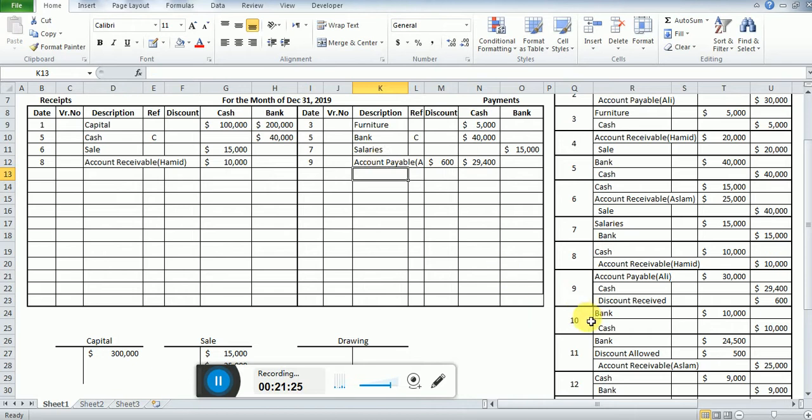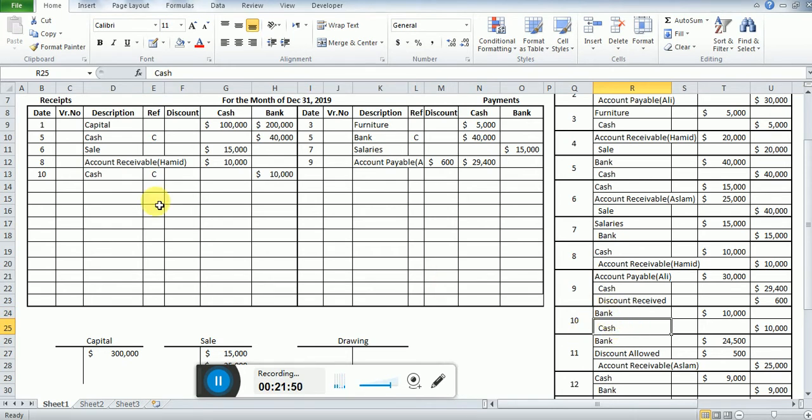Okay, number 10, bank account debited. Okay, number 10, bank account debited how much? $10,000. And that is because of what? That reason is cash. So because of cash, you know, this is a contra entry. Why? Because as I've explained, when the bank account debited or cash credited, or the cash account debited or bank account credited, in that situation we call it a contra entry.